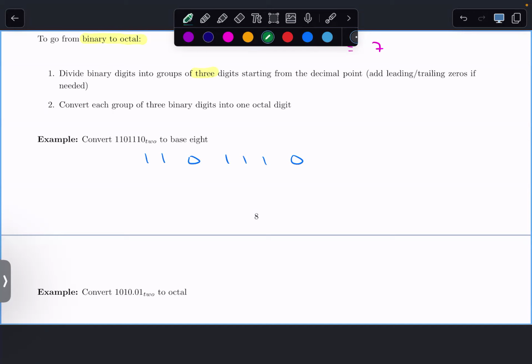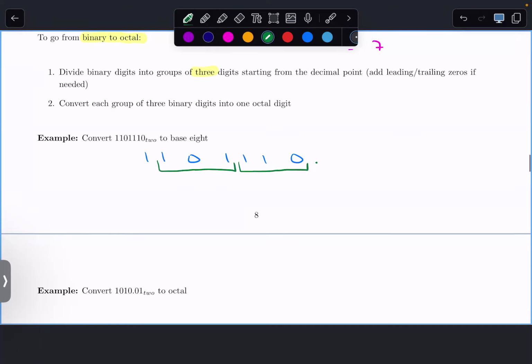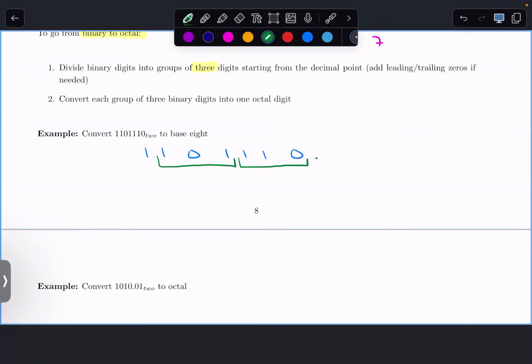Then we're going to make groups of 3 starting at the decimal point, or where it would be, and of course that would be here. I'm going to make groups of 3, adding trailing or leading zeros if you need to, which we do in this case.